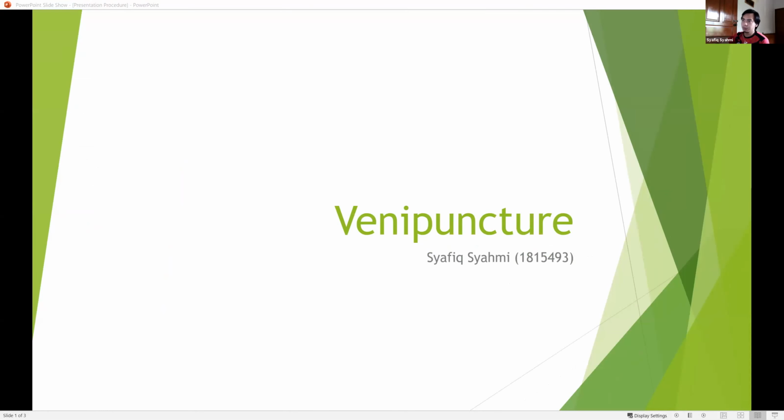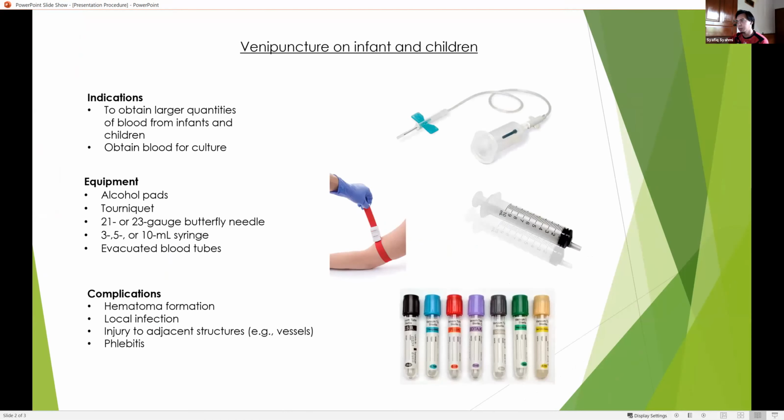So next we're going to look at venipuncture, one of the techniques for blood samples. Although most laboratory tests are done on blood obtained from a heel stick, sometimes larger volumes of blood may be required. Then venipuncture is indicated to obtain larger quantities of blood from infants and children.